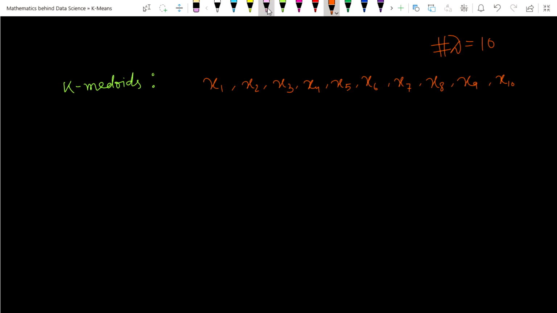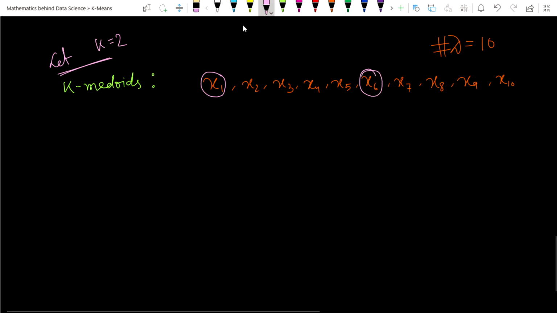For simplicity let K equal 2, so we pick 2 points randomly. Suppose we pick x1 and x6, taking the first as the first Medoid and the second as the second Medoid. After picking these Medoid points, the remaining ones are the non-Medoid points.